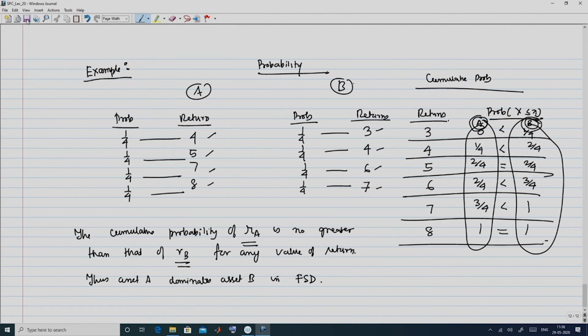All right. So, this brings us to the conclusion of this lecture. In this lecture, we started off extending the concept of the mean variance framework, and we looked at the definition of stochastic dominance, and we observed that stochastic dominance can be of first, second or third order.